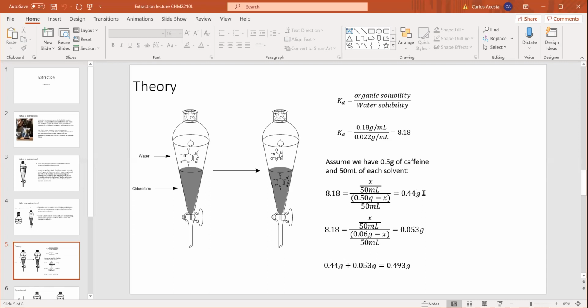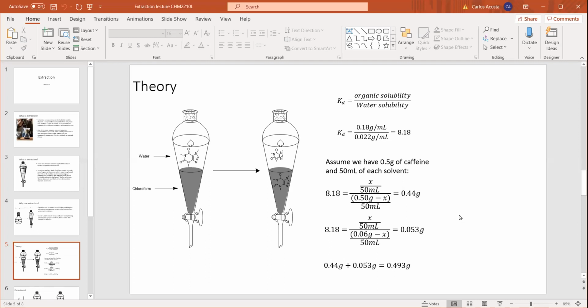We drain off the first portion of chloroform, add a new fresh portion of chloroform, and shake it again. Using the same equation, we find that in that second portion we will extract 0.053 grams of caffeine. If we combine those two fractions, in two washings we extract a total of 0.493 grams of caffeine, which is most of it, which is pretty good.